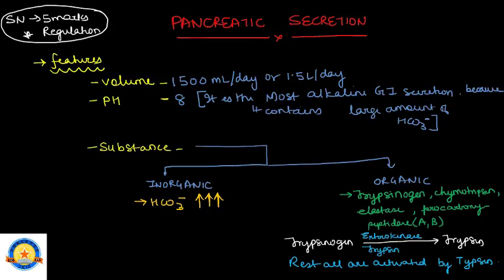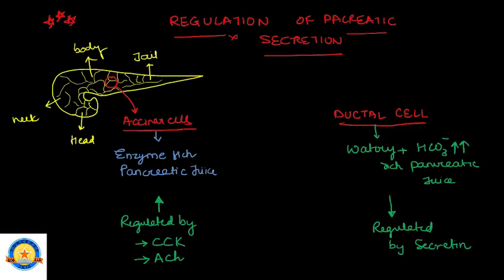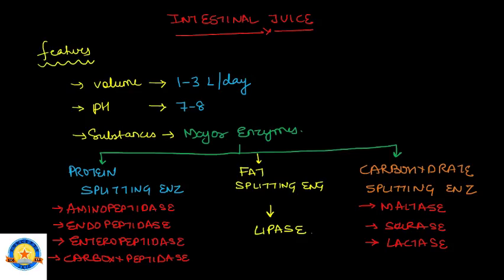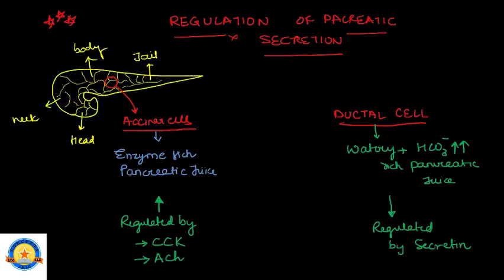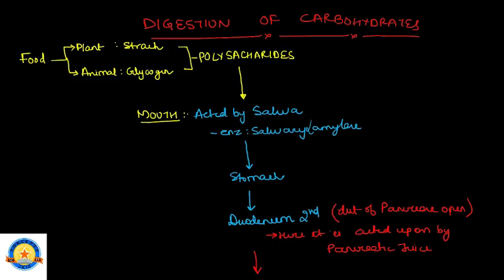Out of that, regulation is very important. Regulation of pancreatic secretion, it is very important. Next is intestinal juice, we saw what are the components, different types. Then we came to digestion of carbohydrates.